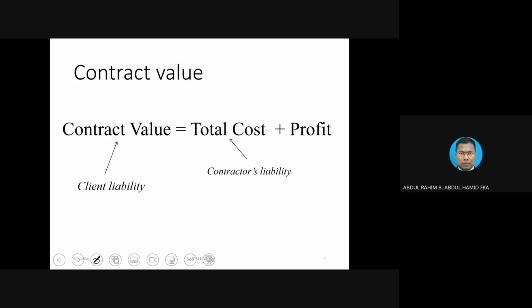Then when we add total cost with the profit, it becomes the value. So V equals C plus P. In short, this is the formula that I will use again and again. We have used this formula since the second half of the semester, talking about resource smoothing and leveling, and then project time-cost trade-off. Now this.